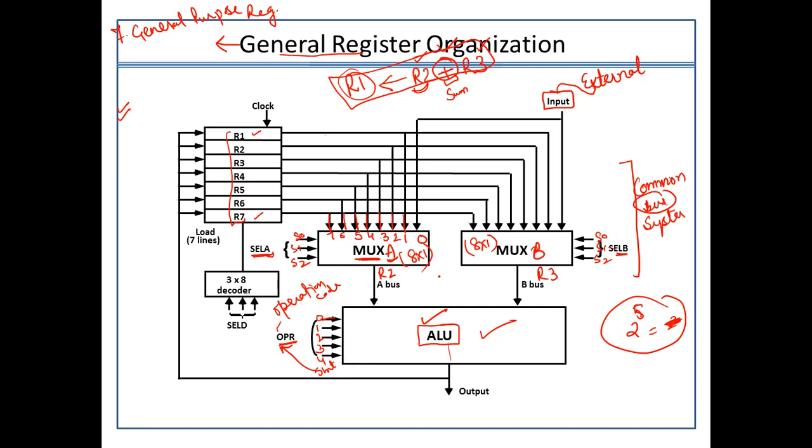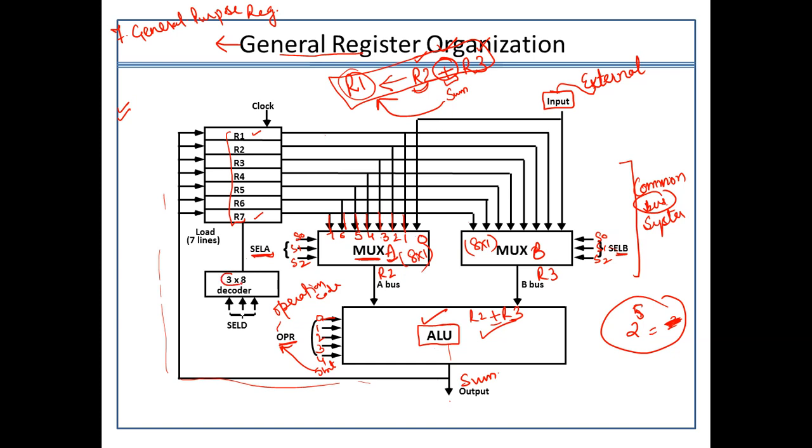Okay, then I got some data after processing R2 and R3, adding them, some value came. Now I know that I have to place this sum into the R1 register. So now is the time to find the destination register. How could I find the destination register?